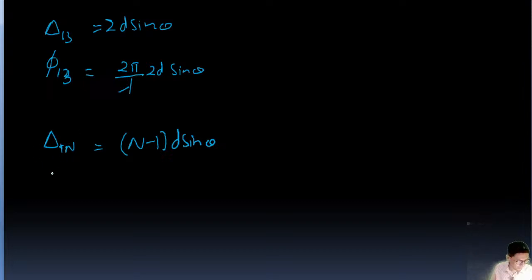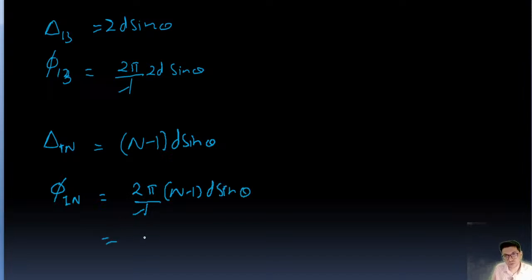And similarly, the phase difference between the first wavelet and the nth wavelet is going to be 2 pi by lambda n minus 1 d sine theta.